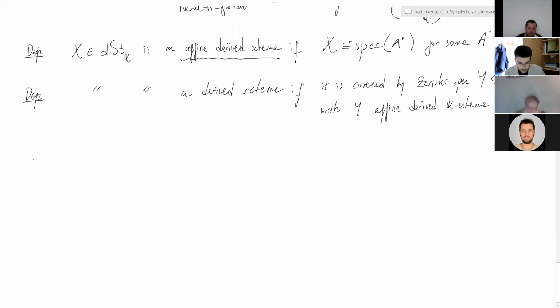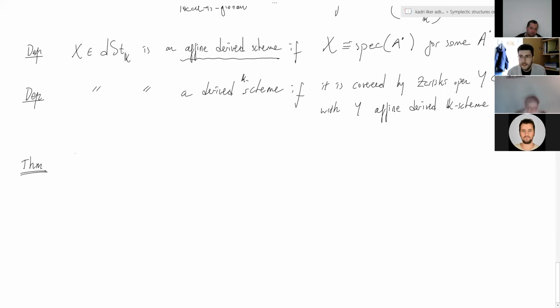Now we have an important theorem, which is very useful. This theorem tells us the following. If you have a derived K scheme, by definition, for any point you can find an affine derived neighborhood. So this is fine, but the following theorem tells you more: you can find a more refined neighborhood.